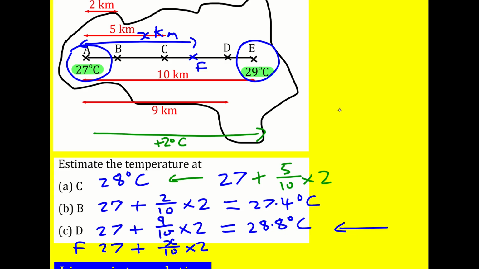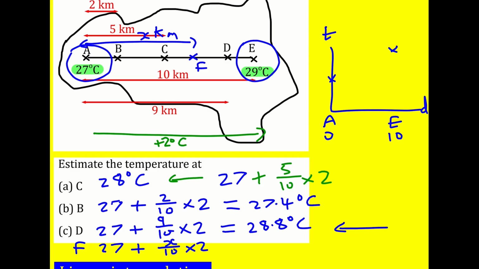I've got my temperature at A, which is 0 kilometers away from A. I've got my temperature at E, which is 10 kilometers away. So I'm basically measuring the distance from A along here. I've got the temperature here, which I'll use a little t for.